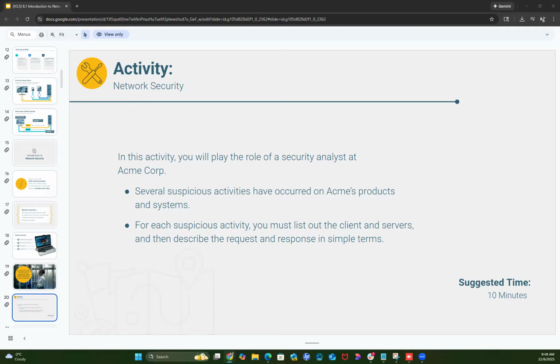The client is Microsoft Outlook, because they are using this service. And what is the server? Not Microsoft Outlook, the email server. Microsoft Outlook is the client, and the server is the email server, or mail exchange server.